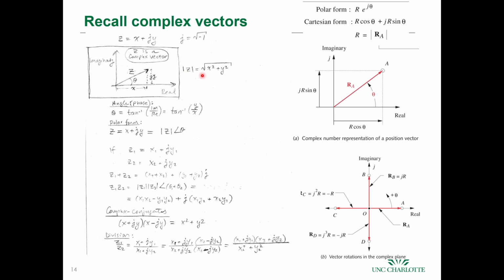We have the magnitude, which is the real part squared plus the imaginary part squared. We have the phase, which is the inverse tangent of the imaginary part over the real part. We can put it in rectangular form, which is z equals x plus jy, or we can put it in polar form, or we can put it in the form that he uses in the book, where we have a vector R_A. We take r as the magnitude of R_A, and we can multiply it by e^(jθ). So it's a compact way of representing this vector.